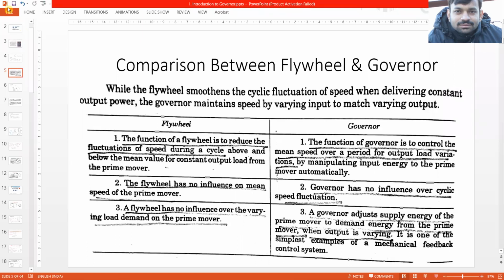So the fluctuations produced during the cycle are controlled by the flywheel. And the governor is responsible for external variations, controlling the engine speed during external variations.